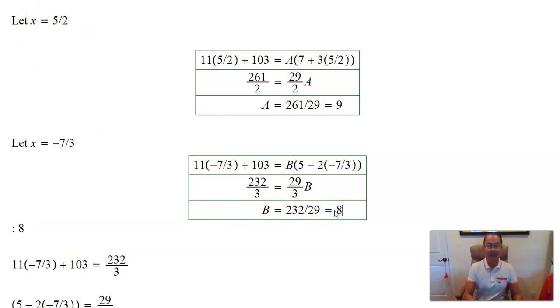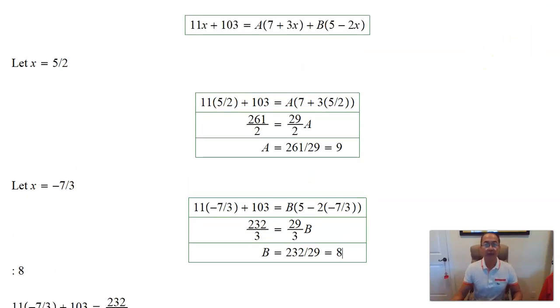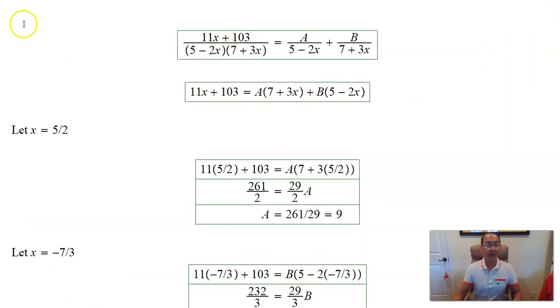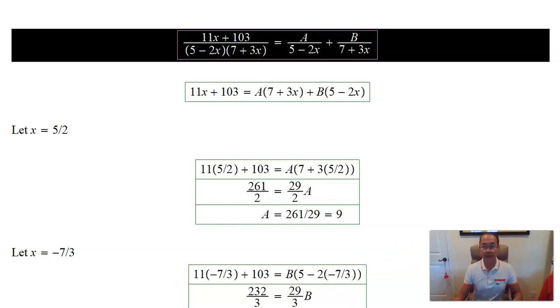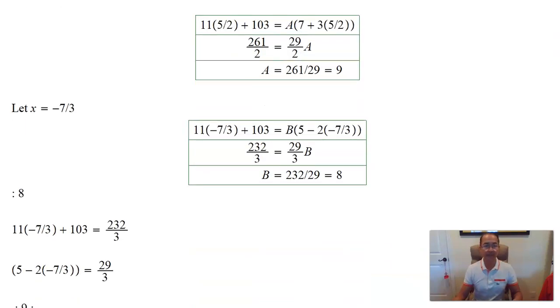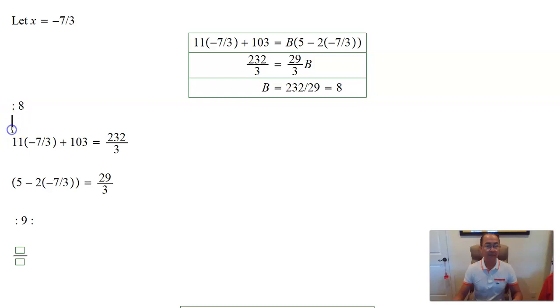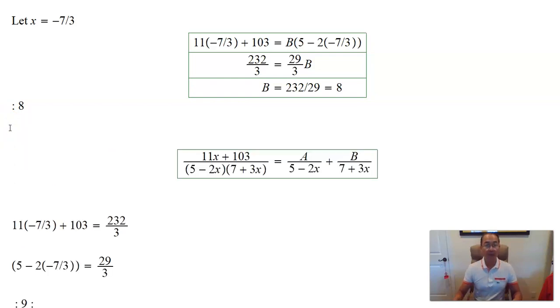So one of them is 9, one of them is 8. All right, nothing wrong with that. So we get our decomposition. Let's copy that. Our A was the 9, and our B is the 8.